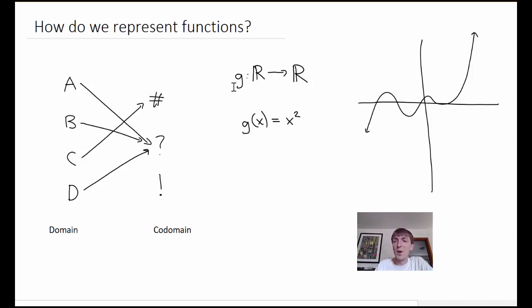Okay, so I'm going to just walk through this again. This first line is saying that g is a function that goes from the set of real numbers to the set of real numbers. What is the rule for g? Well, g takes an input x, and it spits out x squared. Okay, so pretty familiar function, even though this may be a new way of seeing it.